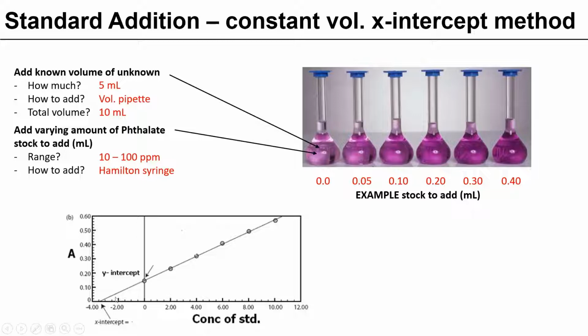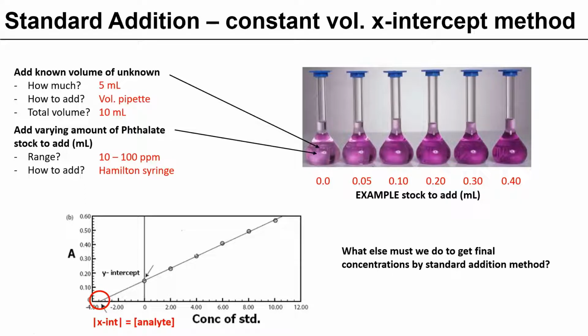So what we're going to do is trace this line of best fit back to the x-intercept right there. And then the absolute value of our x-intercept is going to be the concentration of the analyte in that solution. Okay, so very simple graphical way to determine this concentration.